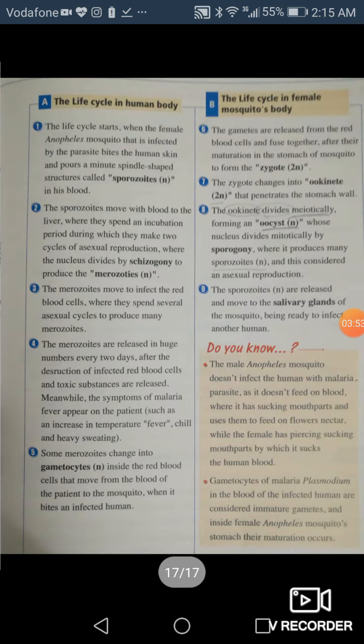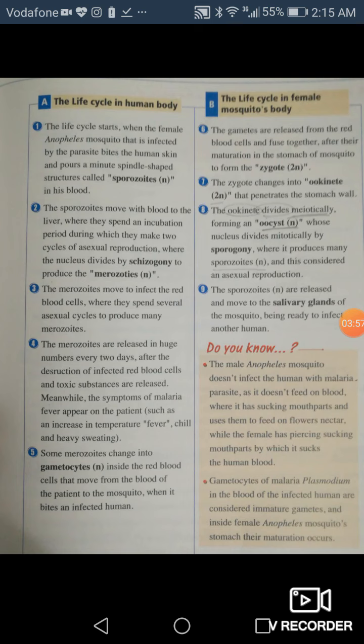So on this page, we are dealing with the two stages of the life cycle of plasmodium. The female Anopheles mosquito feeds on the blood of humans, but the males of this type of mosquito feed on the nectar of flowers, so the males are peaceful. They don't affect our bodies, but the female is a dangerous kind in the universe.